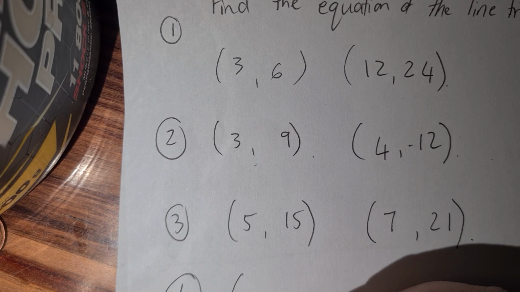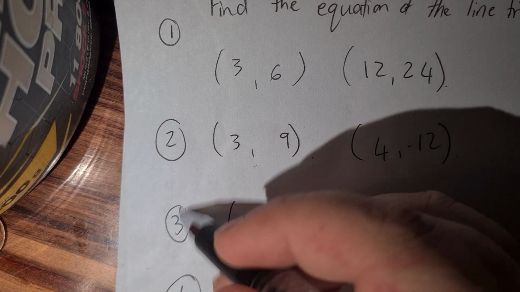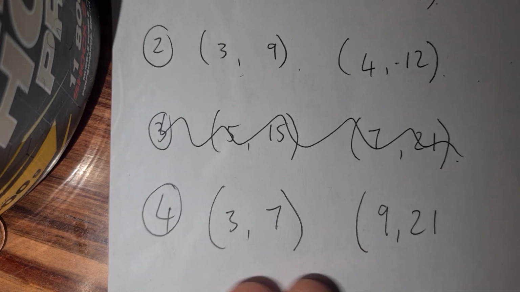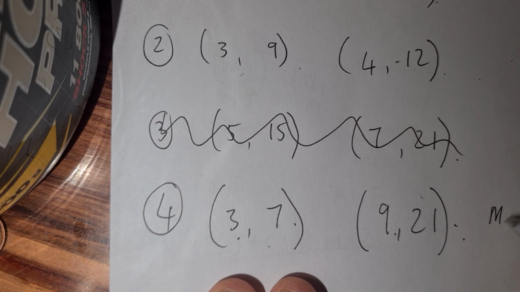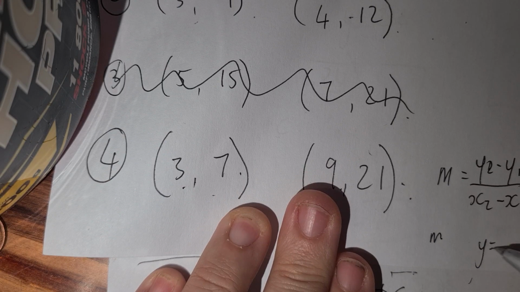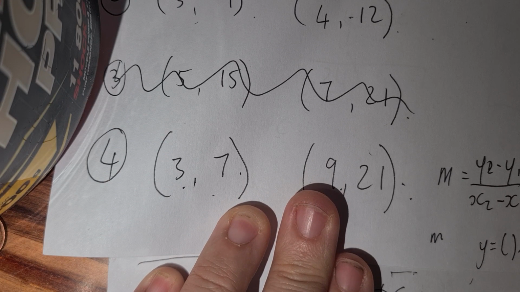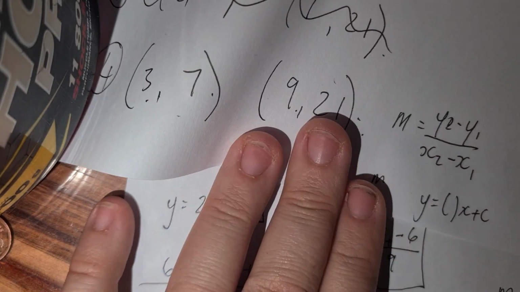So let's do (3, 7) and (9, 21). Actually, let's not do that one because it's a multiple again. It's going to give you the same sort of answer. So if you're given two points, find m is equal to y2 minus y1 over x2 minus x1. Find out what your m is. Plug it into y is equal to whatever the m is, x plus c. Again, I'm doing this in load shedding in the dark.